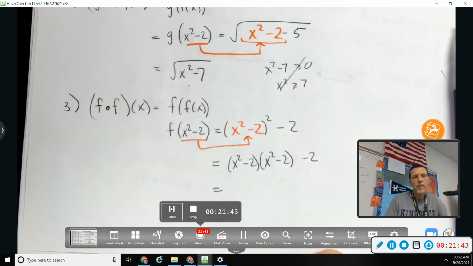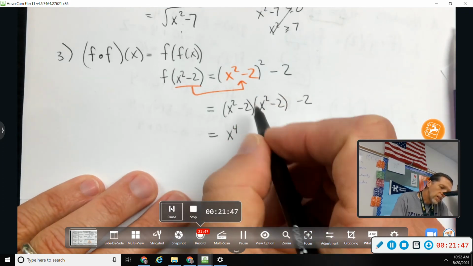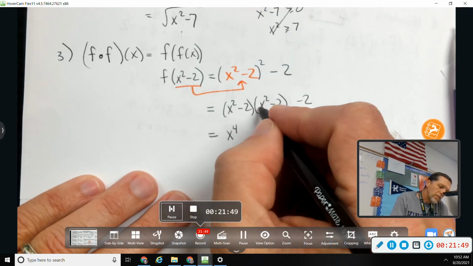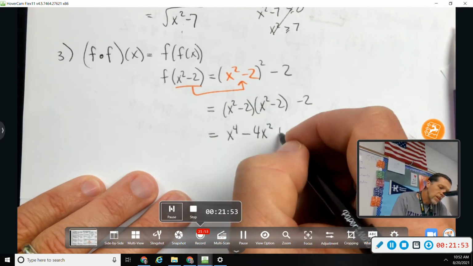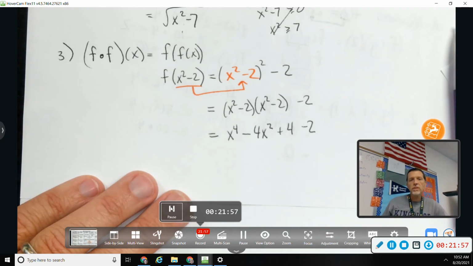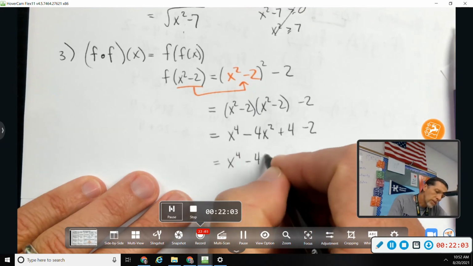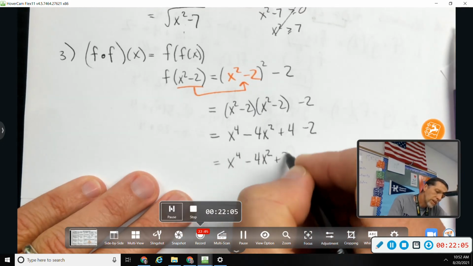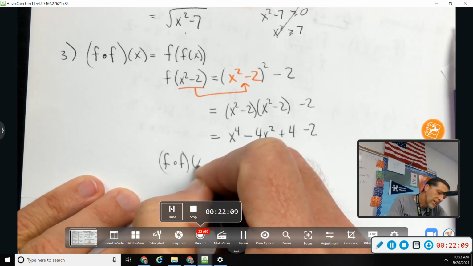Maybe you could. X to the fourth, minus 2x squared, would be minus 4x squared, plus 4 minus 2. So x to the fourth minus 4x squared plus 2 is f of f of x.